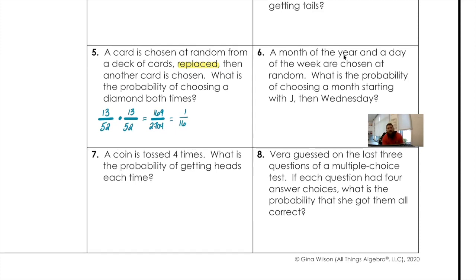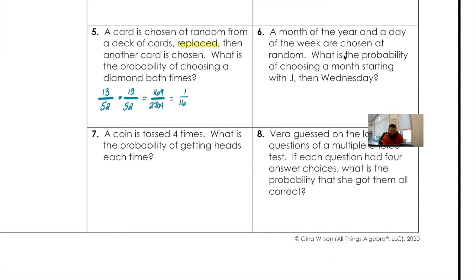Now, I know you're thinking, man, that's some big numbers. Well, if you would have reduced from the jump, so we reduced that 13 over 52 to 1/4, we still get the same thing. So you can make your lives a little easier from the beginning and go ahead and reduce that. We'll do one more on this page together.